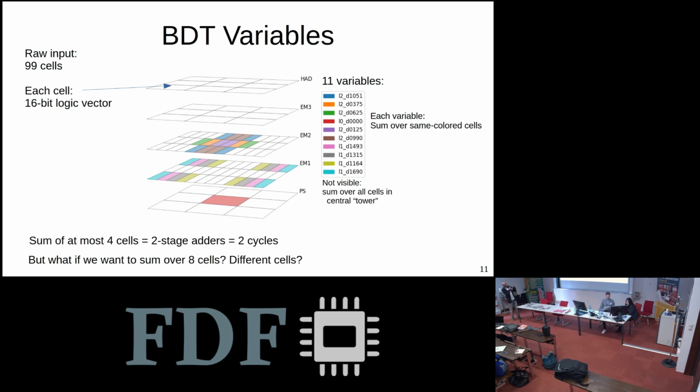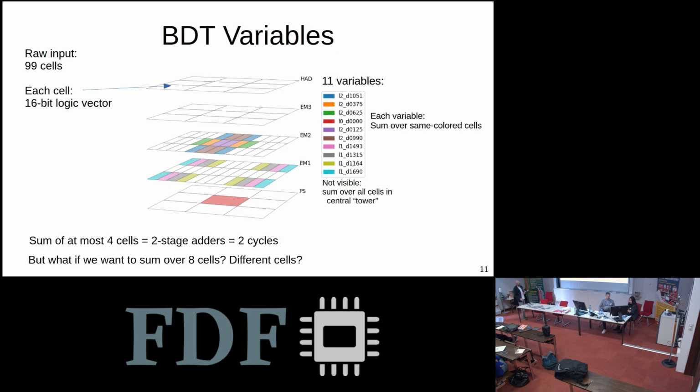And the variables are simple summations over same-colored cells. There are 11 variables in total, 10 are listed here, and one more variable, which is a sum over more cells, over the center region of this object. The rest of the variables, not this big one, are sums of at most 4 cells.